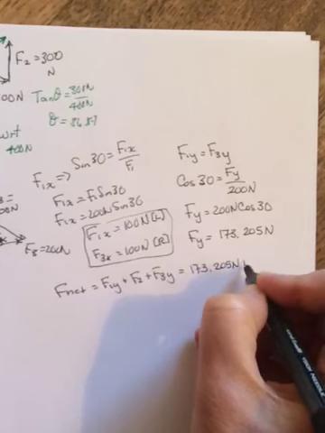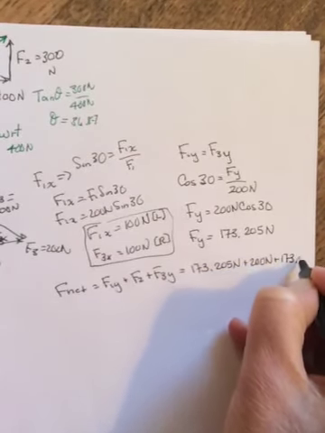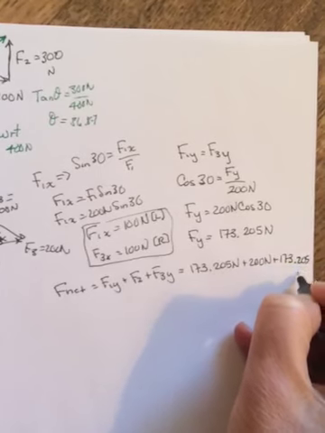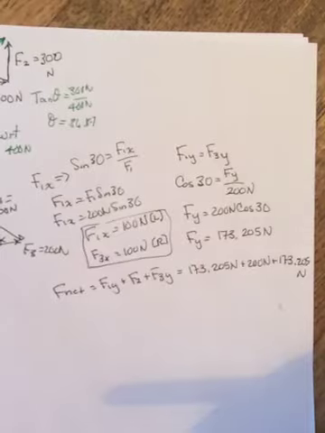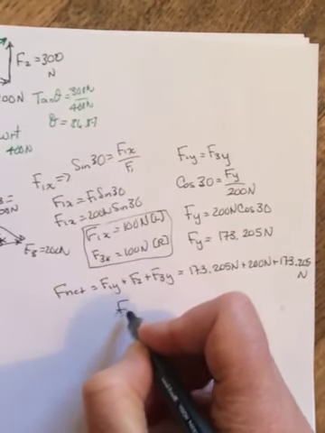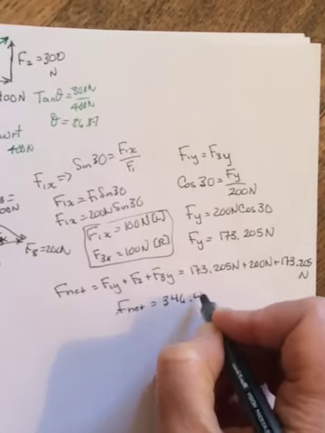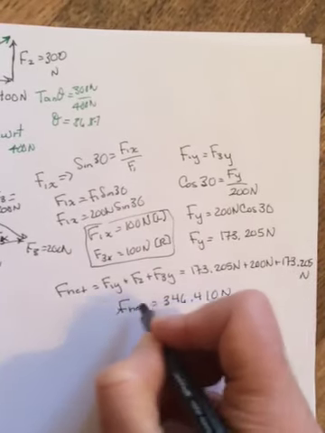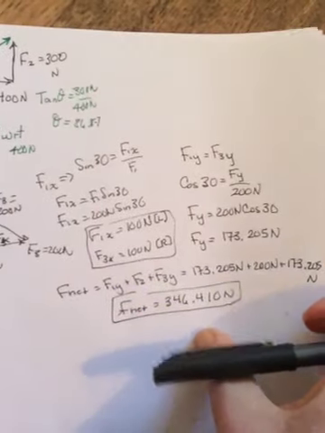So 173.205 newtons plus 200 newtons plus 173.205 newtons. Add them up, and you get a net force of 346.410 newtons.